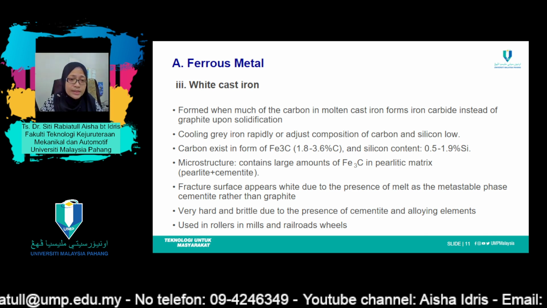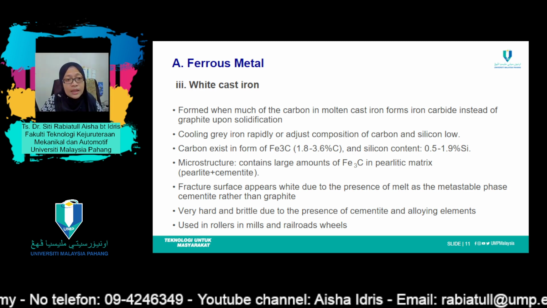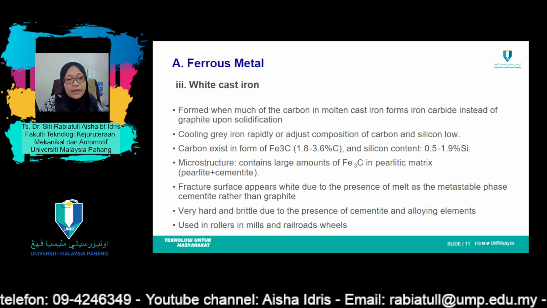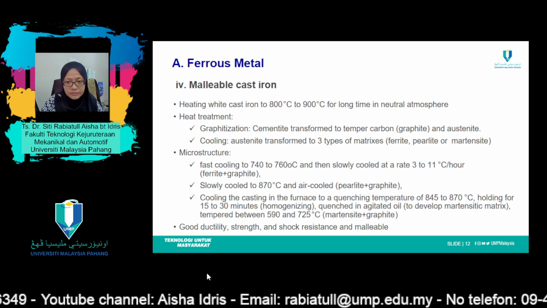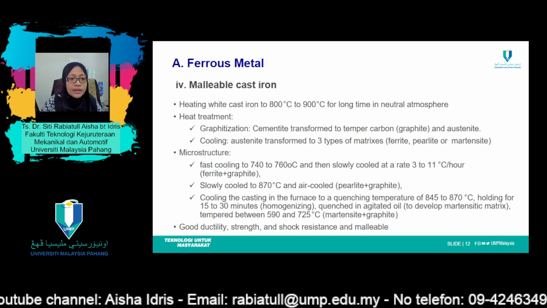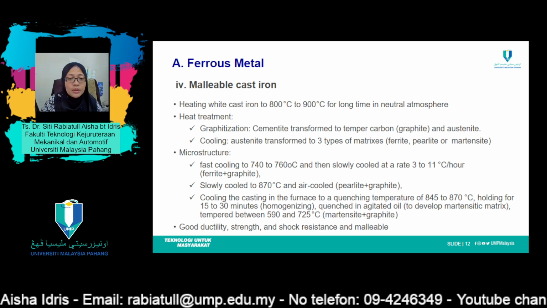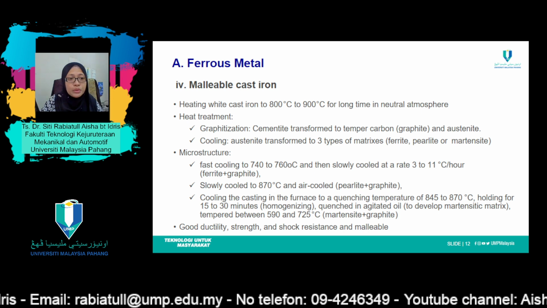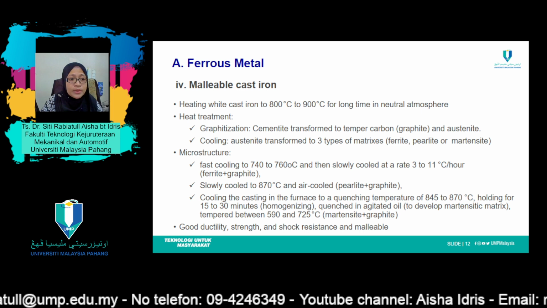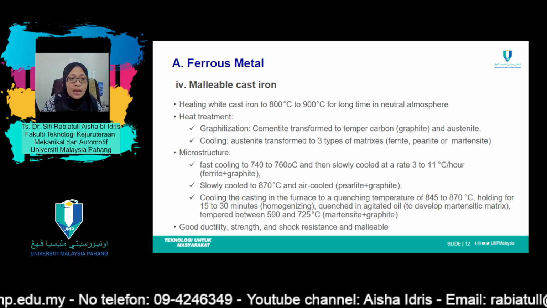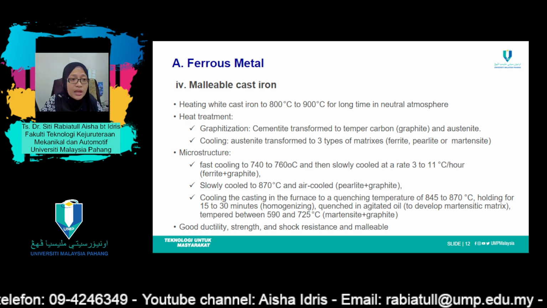And generally, white cast iron is used as an intermediary in the production of yet another cast iron, malleable cast iron, or malleable iron. Heating white iron at a temperature between 800 and 900 degrees for a prolonged period of time in a neutral atmosphere causes a decomposition of the cementite, forming graphite, which exists in the form of clusters or rosettes surrounded by a ferrite or pearlite matrix, depending on the cooling rate.